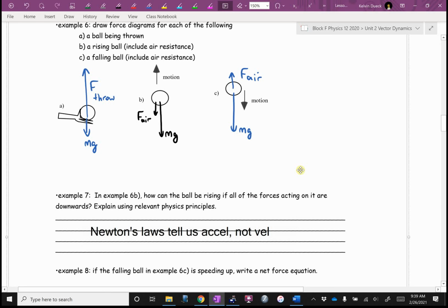So looking at that free body diagram, is it accelerating down? Well, yeah, it's moving up but slowing down. If you're moving up but slowing down, you must be accelerating down. So that works. Now, eventually, if you accelerate long enough, your velocity and your acceleration will match the same direction, but not always at the beginning.